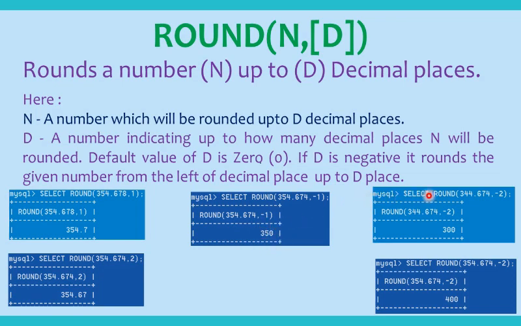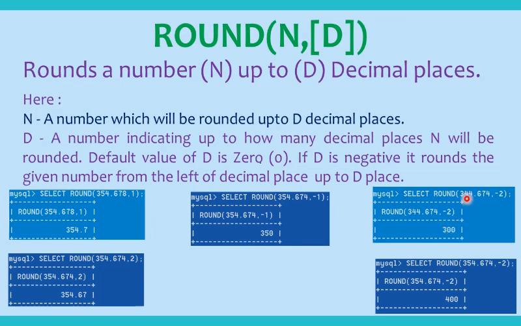See the next example. Here command is written, select round 344.674, comma minus 2. It means from left of this dot 2 decimal places will be rounded, means at this 4 place and at this 4 place 0 0 will come and output would be 300.